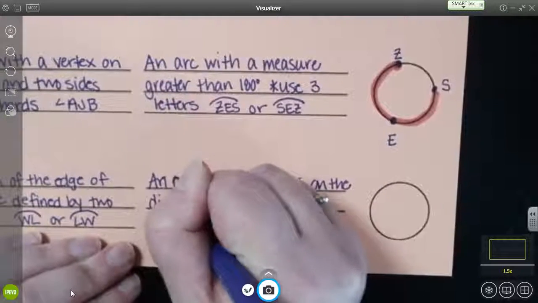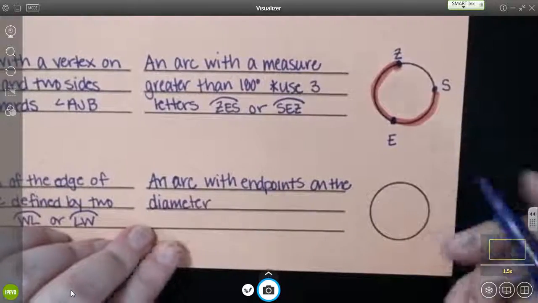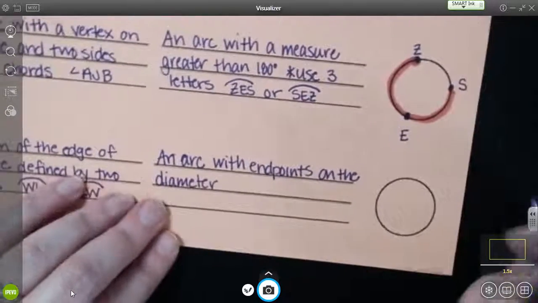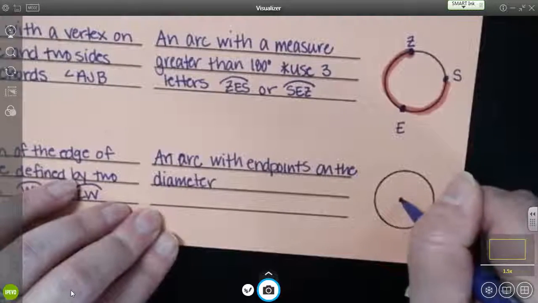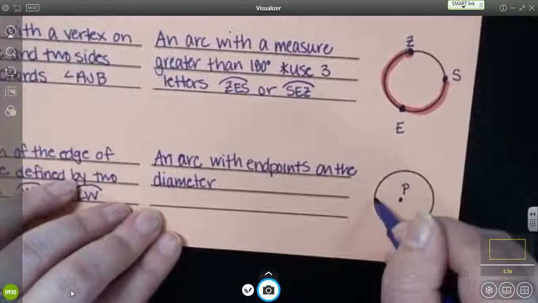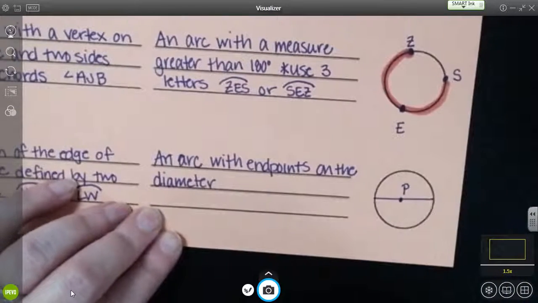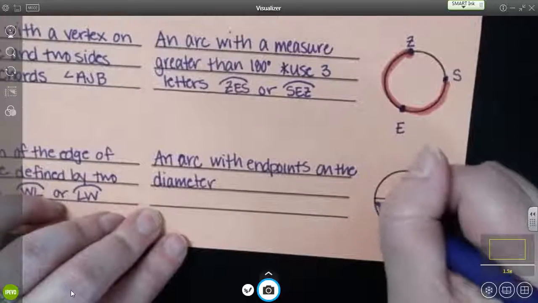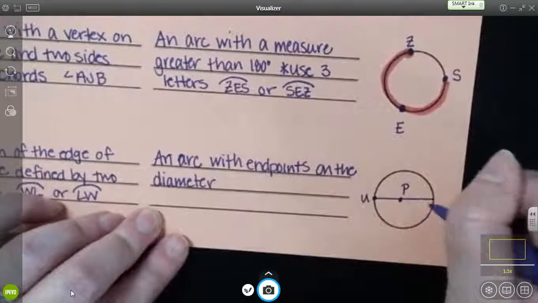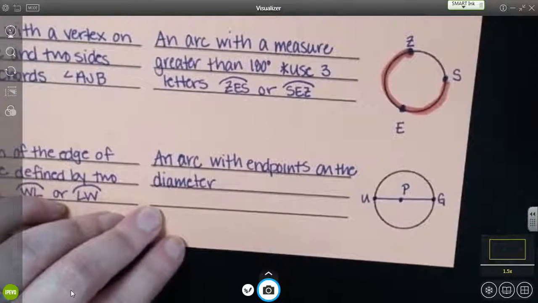Because what does a diameter do to a circle? Cuts it in half. Okay, so if we're talking about a diameter, that means we must have the center of our circle, P. We have a chord that goes through the center. That's the definition of a diameter. It's a chord that passes through the center. So we'll call this diameter UG.